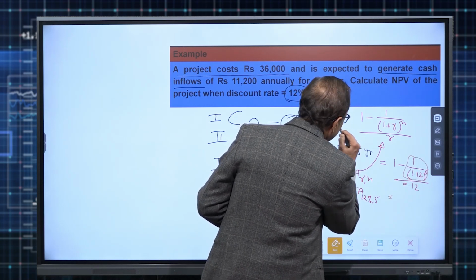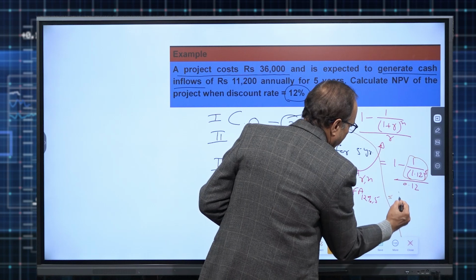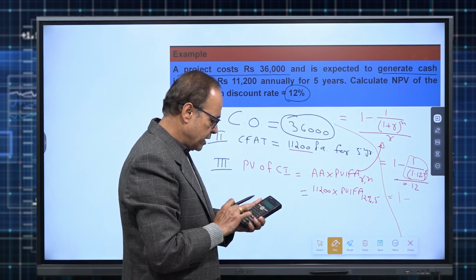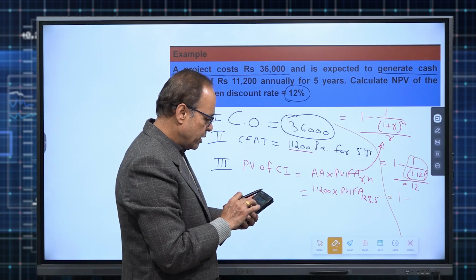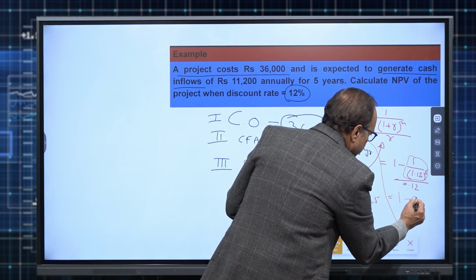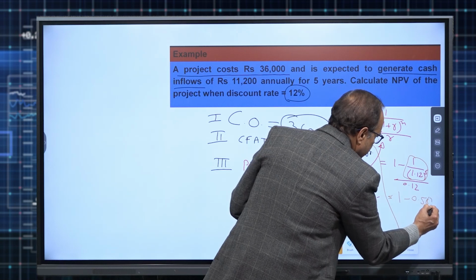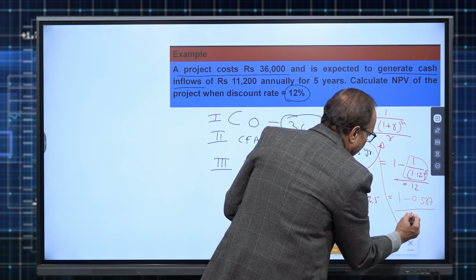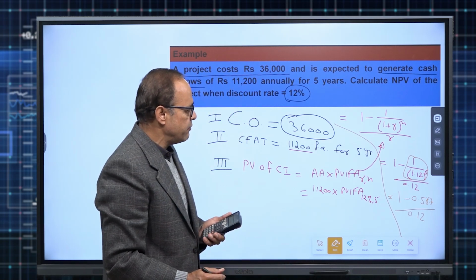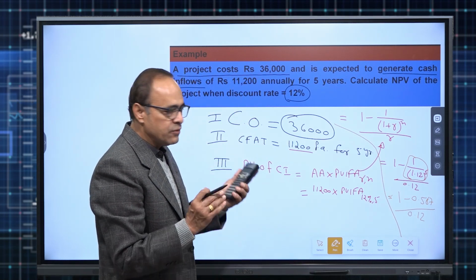So what you will be getting? 1 minus result of that particular part. So 1 divided by 1.12 raised to the power of 5, you get 0.567. And now deduct this 0.567 from 1 and whatever result you get.